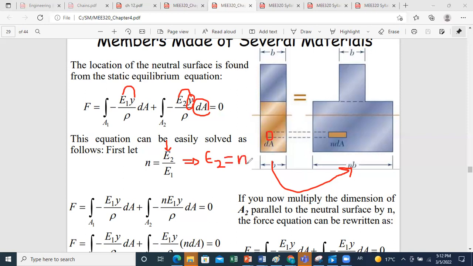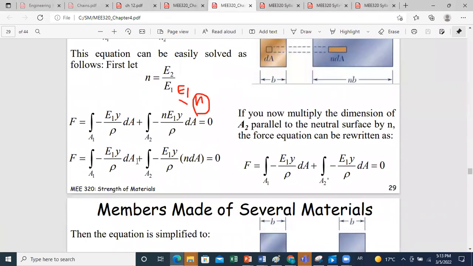If we do this, a common factor appears, which is E1 over rho. Instead of integrating over the elementary area dA, we integrate over n dA, and in this way we can take E1 over rho outside of the integral.